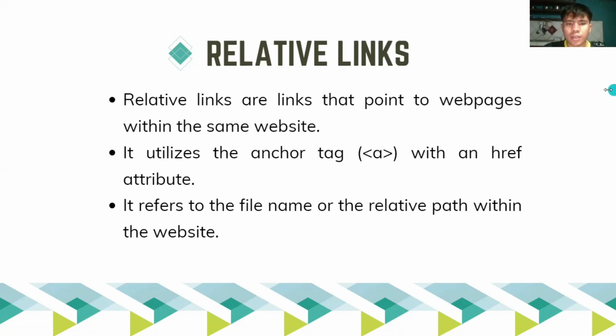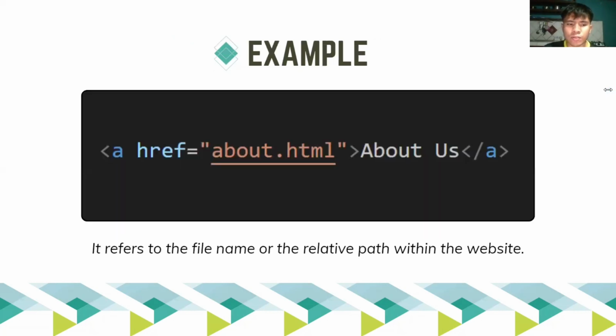So here is the example of a relative link. It is more on the about us web page. Firstly, we will implement the anchor tag followed by the href attribute and its value. As you can see, the href value is the file name which we said earlier.